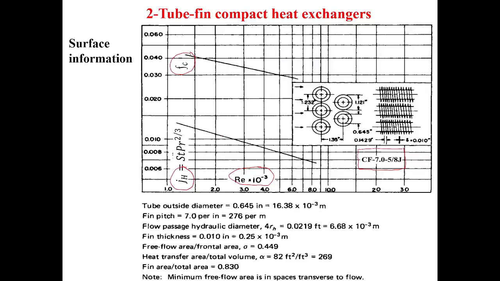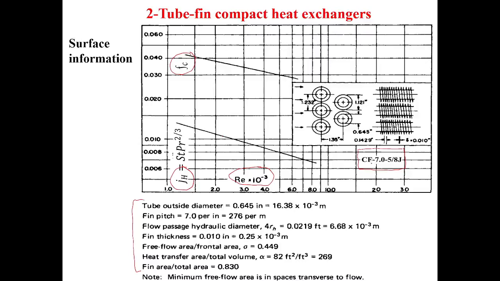So you have to understand the following. In almost all cases, you have two curves that show the variation of friction coefficient and the J factor with Reynolds number. In addition to that, you will find several parameters defined for that certain surface that has a certain designation.